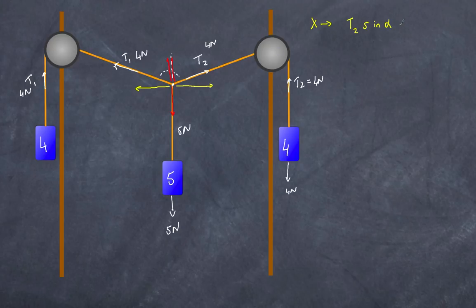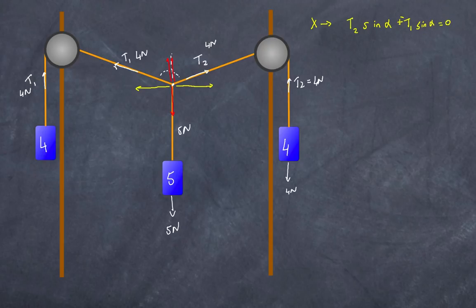So there's this sine. I now add, of course, the other one that has a horizontal component, and so that's going to be T1, and similarly, this is going to also be sine alpha. Remember, these are equal angles because we've made these forces equal. And of course, that's negative, and that equals 0.